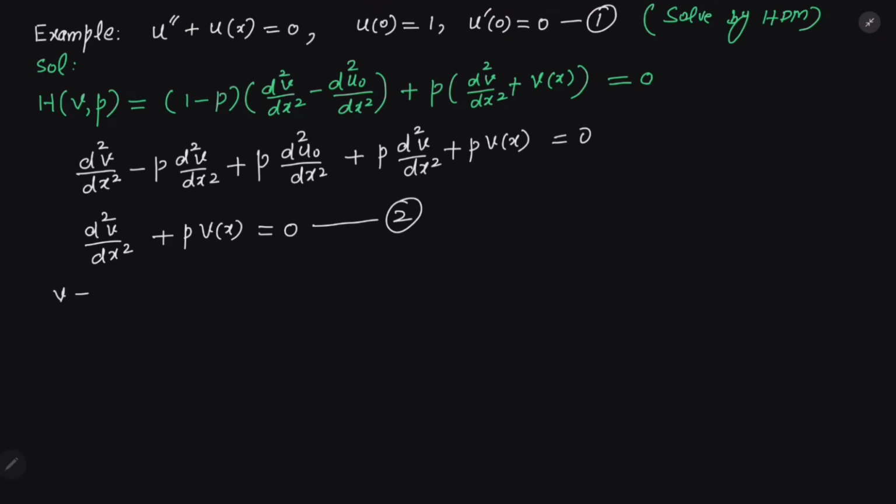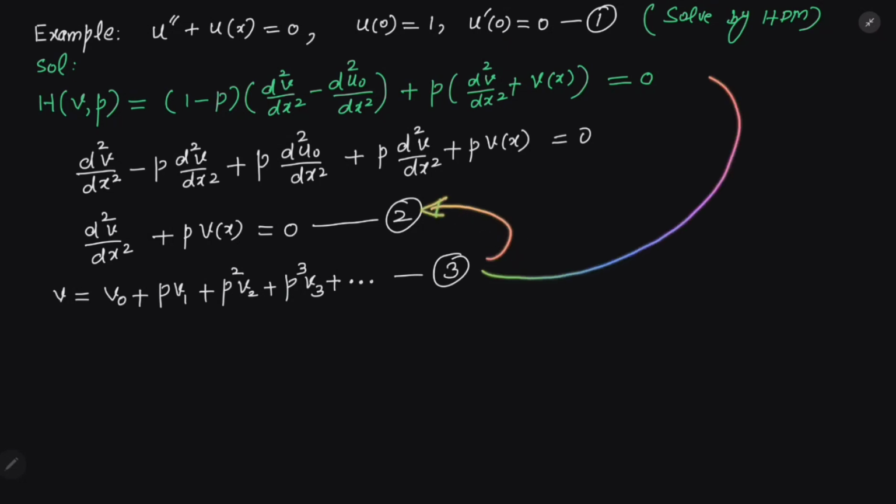The solution is v is equal to v naught plus p v1 plus p2 v2 plus p3 v3 and so on. This is equation number 3. We put equation 3 into equation number 2.